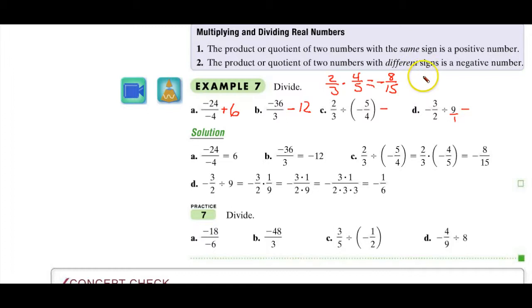So a negative 3/2 times 1/9. We know it's going to equal a negative. So 3 goes into there 3 times, 3 goes into there once, and this becomes a negative 1/6. And there are our answers here.